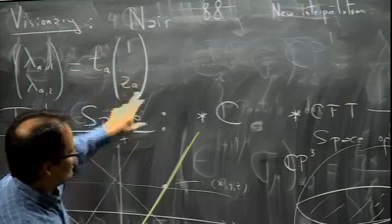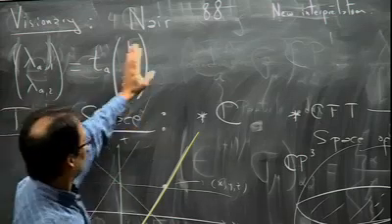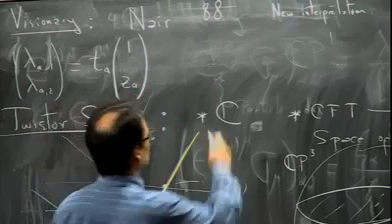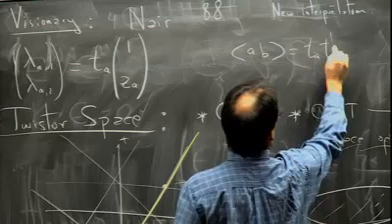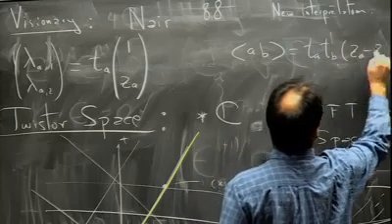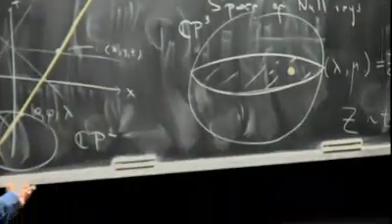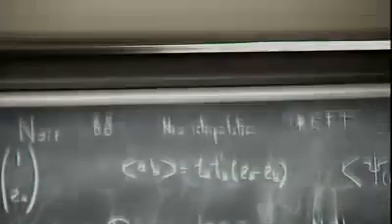And then you can show that the determinant, or this angular bracket of AB, becomes nothing but TA times TB times (ZA minus ZB). Okay? Okay, good. Very good.